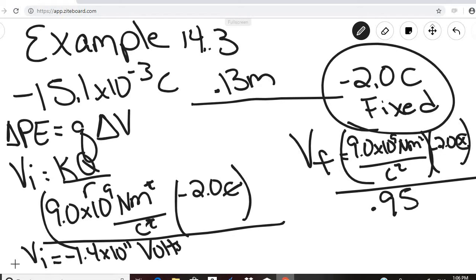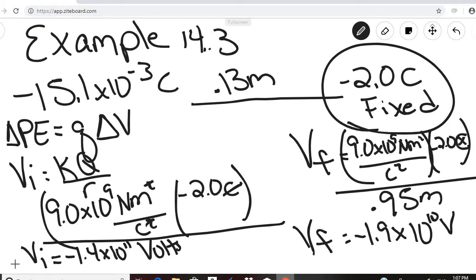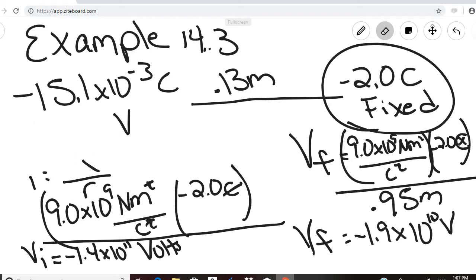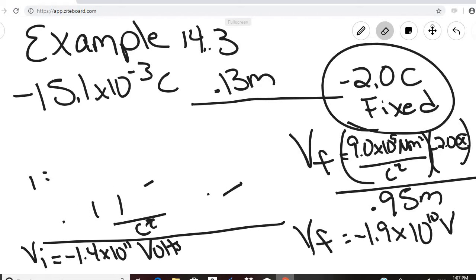So our distance is 0.95 meters. So then what we get for VF is negative 1.9 times 10 to the 10th volts.